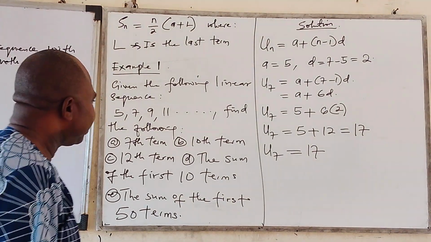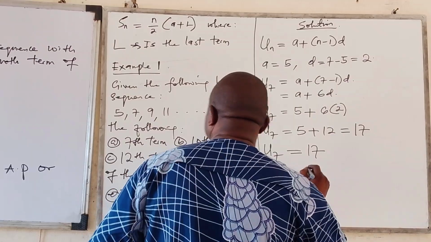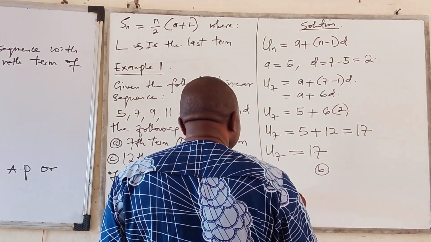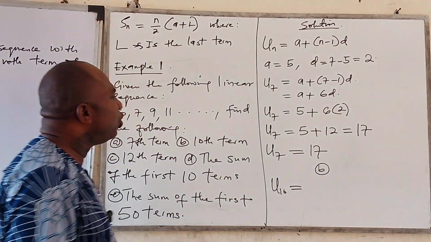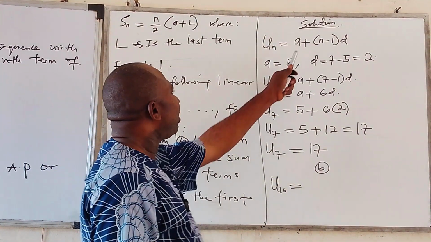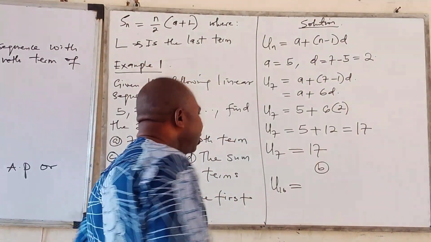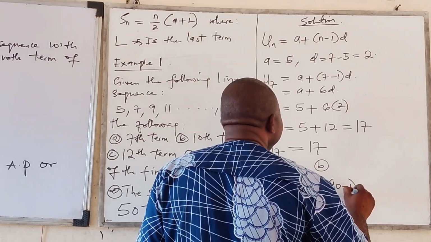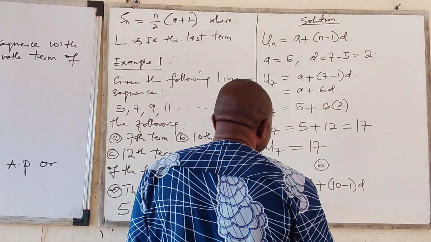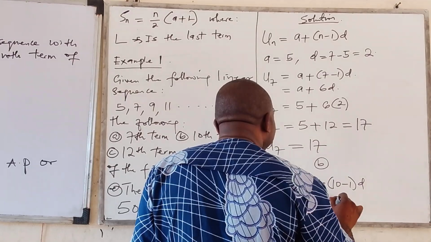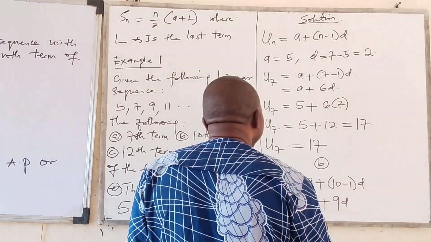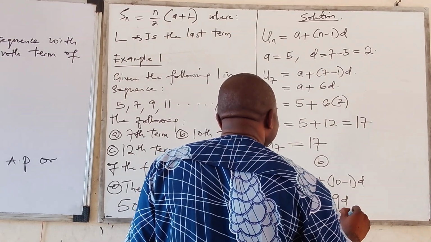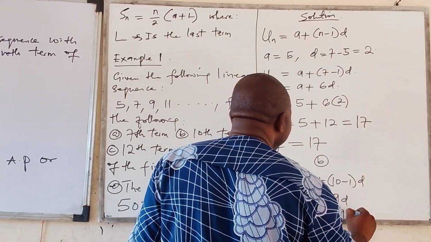Now let's look at B. We have the 10th term. U10 will be A plus 10 minus 1 times D, so that gives us A plus 9D. The value of A is 5, so we have 5 plus 9 times D, and the value of D is 2.